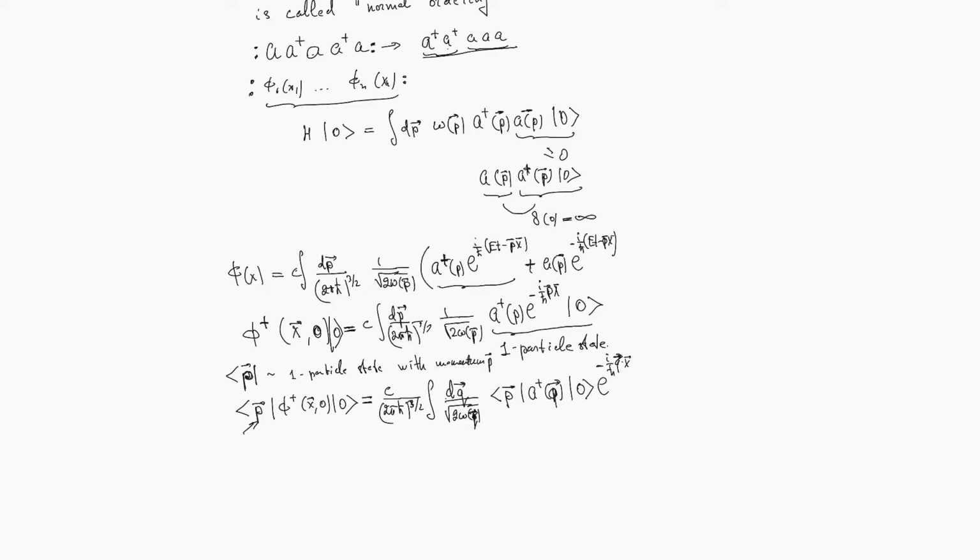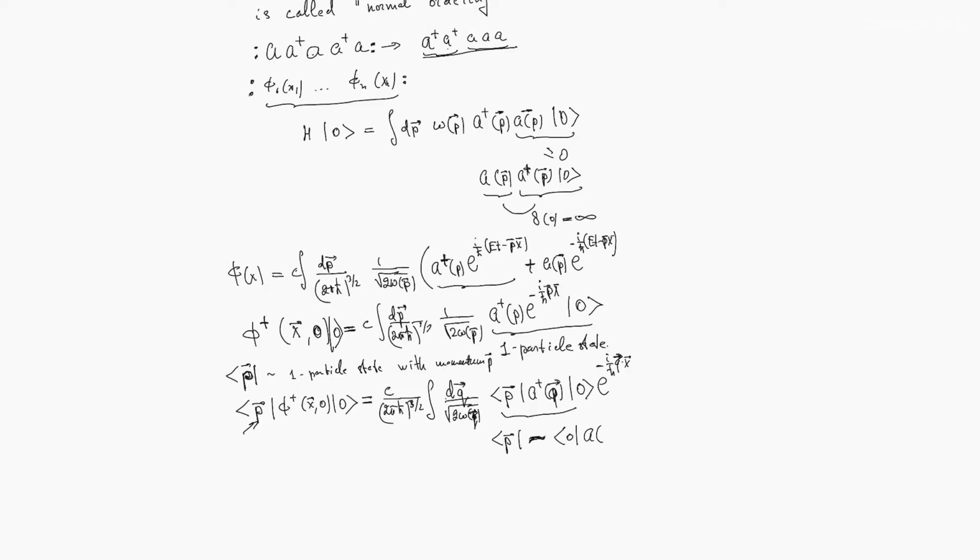So you need to write down an expression for a state p. And you remember what this is. Essentially, this is proportional to an operator a dagger acting on the vacuum, conjugate, which means that you will have the vacuum and a of p.